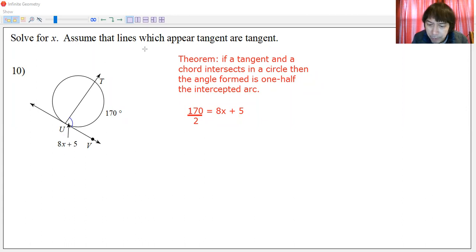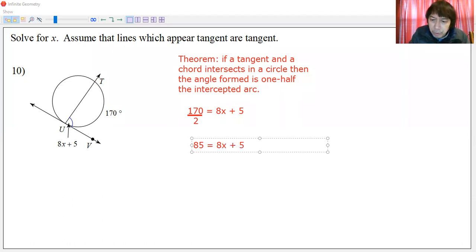So it's 35 and 50, that's 85. Yes, 85. All right, so we have here 170 divided by 2, that's 85, and that's equal to 8x plus 5.